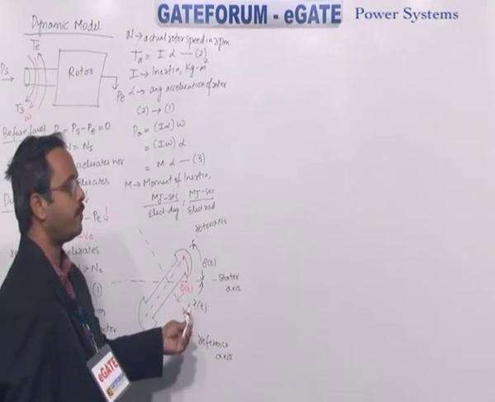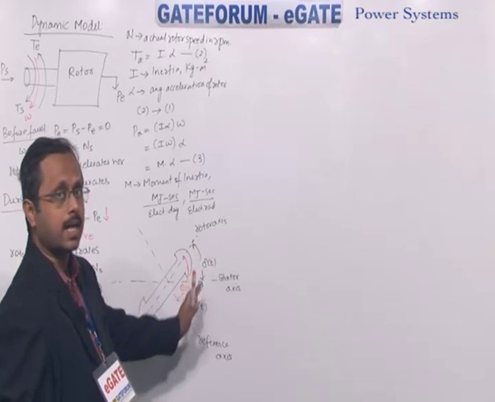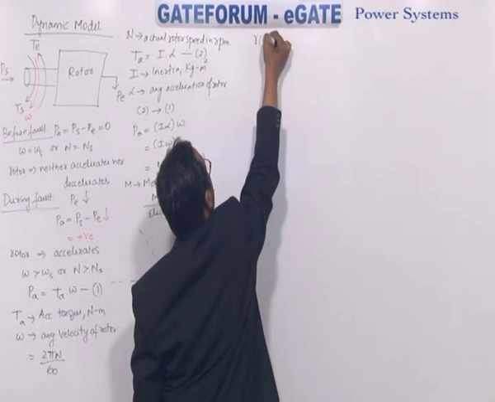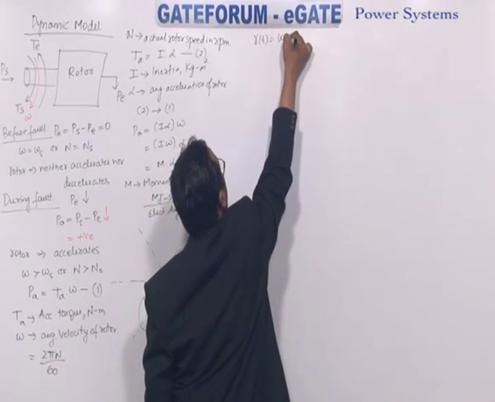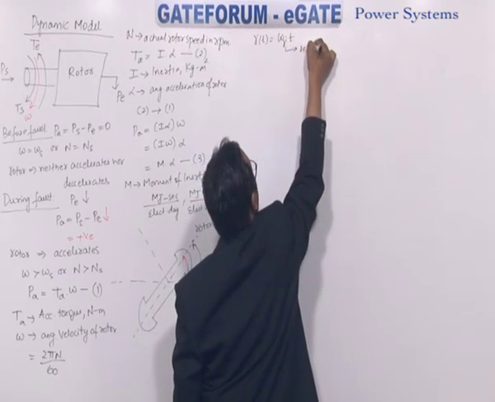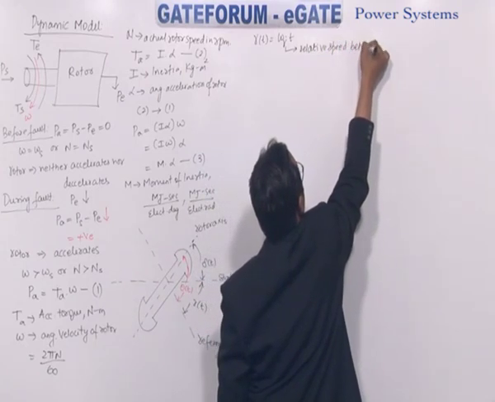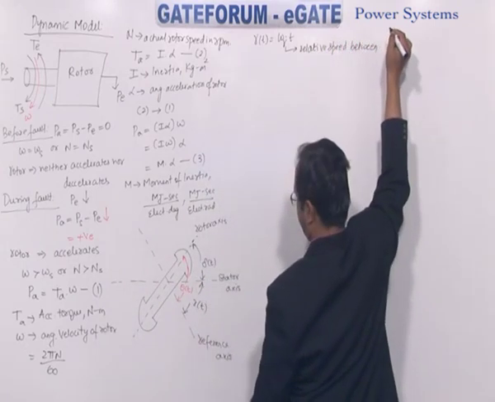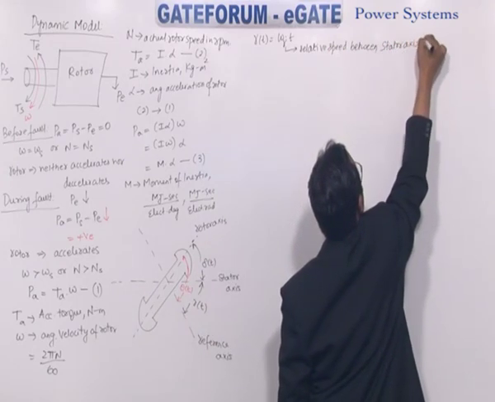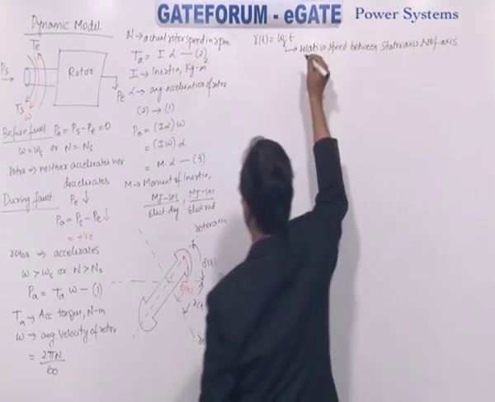And what is gamma? Angular distance between stator axis and reference axis. And how do you write this gamma of t? Omega r into t. What is omega r? Omega r is the relative speed between stator axis and reference axis.